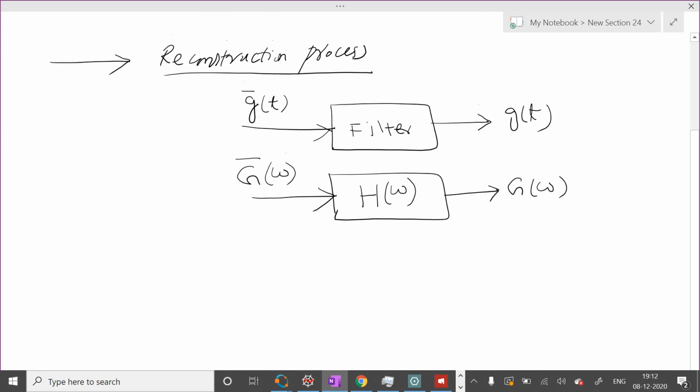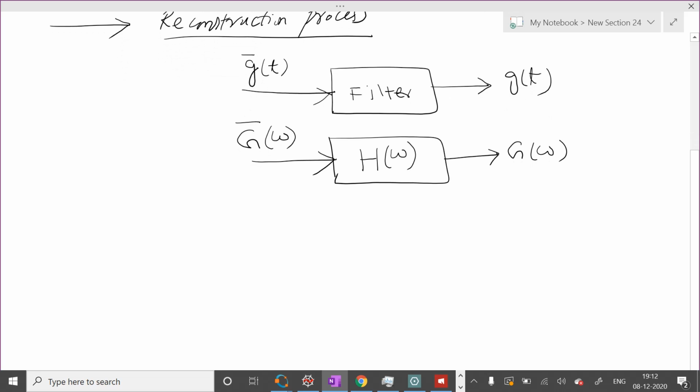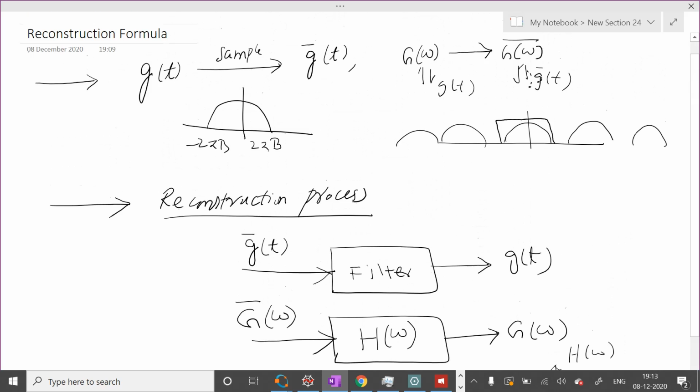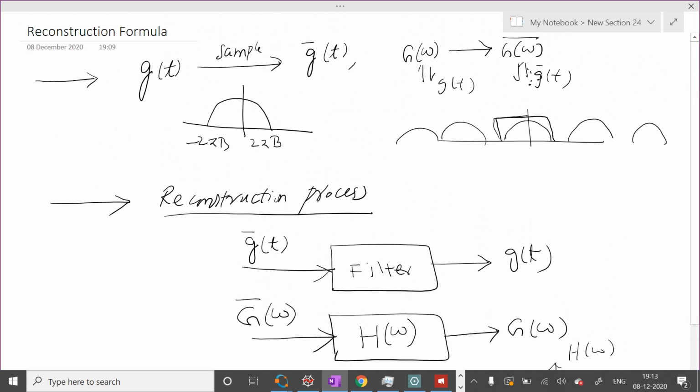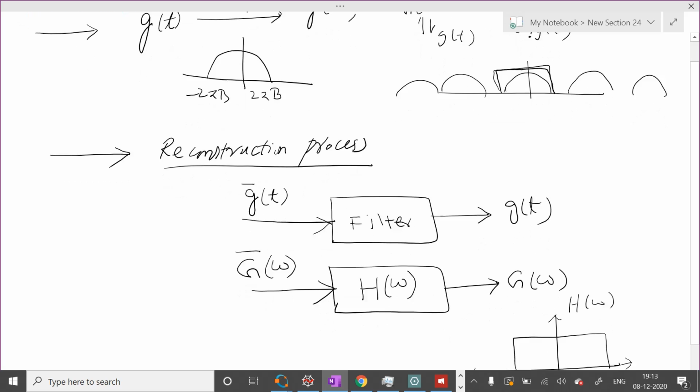So here the frequency domain operation is quite clear, quite obvious, that if h of omega is a rectangular filter like this, then definitely any filter with such response will only allow one spectrum, which is g of omega, and the output will be g of omega.